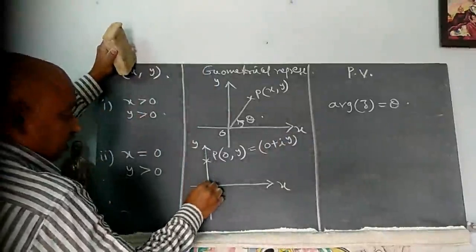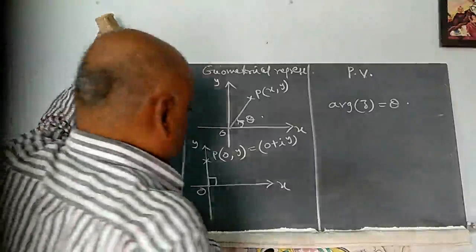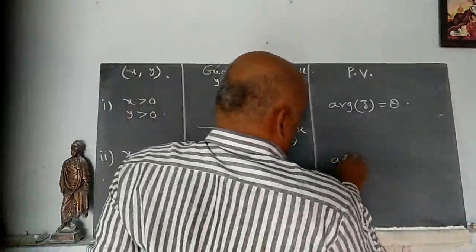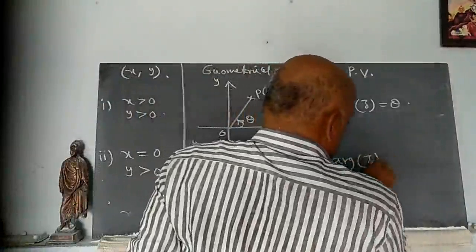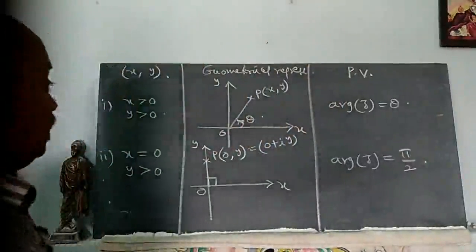So if it is on the positive y-axis, the principal value of the argument of Z is pi by 2.